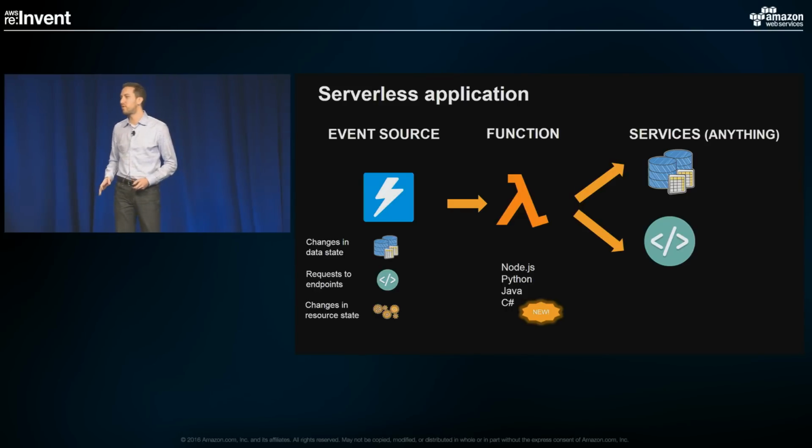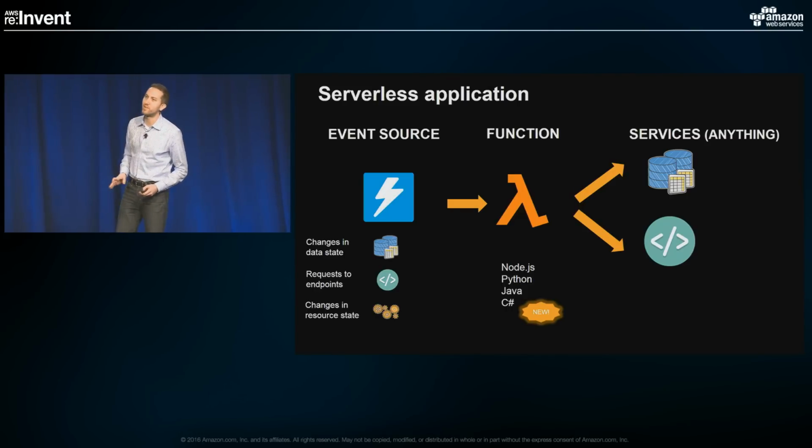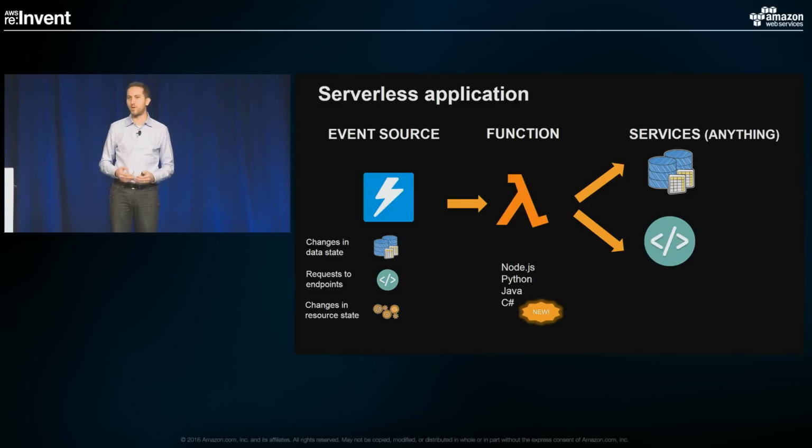Now, before we jump into ALM, and we have a lot to cover in this session, let's quickly reiterate what a serverless application is. So it almost always starts with an event source. That event source can be an HTTP call, a put object into an S3 bucket, or any other of the Lambda-supported event sources out there.